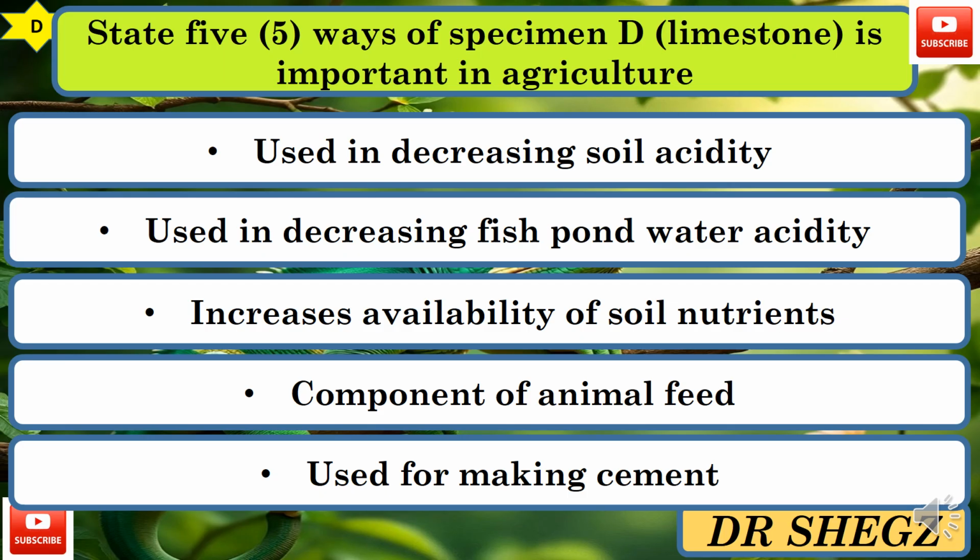Decreasing soil acidity, decreasing fish pond water acidity, increases availability of soil nutrients. It's a component of animal feed, and of course it's used in making cement. In fact, that is the popular use of limestone most of us know about. So used for making cement.